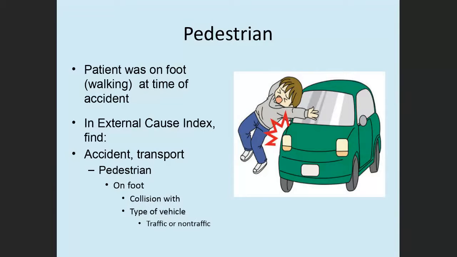A pedestrian is on foot, walking or running at the time of the accident. In the external cause index, find accident, transport, pedestrian, on foot, collision with, type of vehicle, traffic, or non-traffic. So pedestrian on foot collided with a vehicle, and the accident occurred either in traffic or non-traffic.